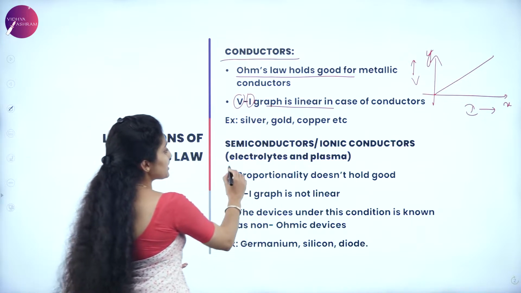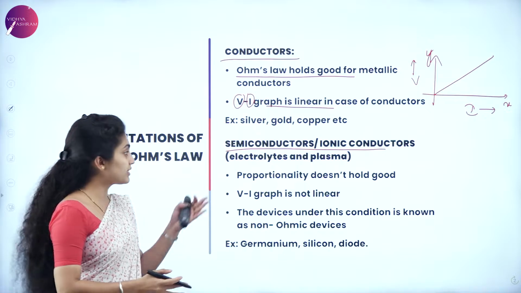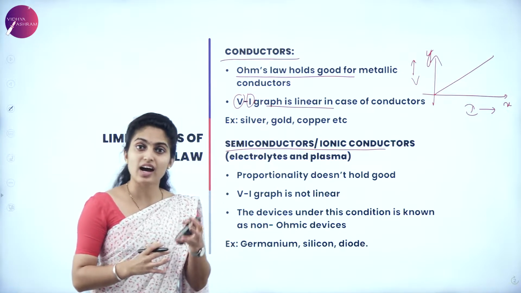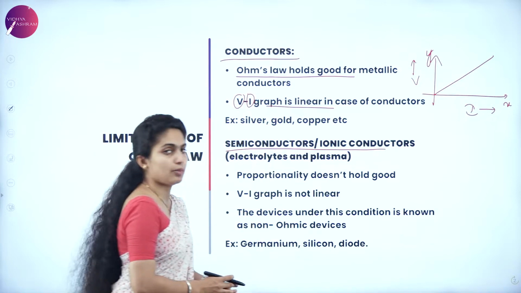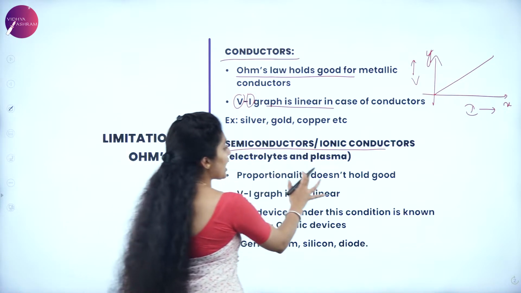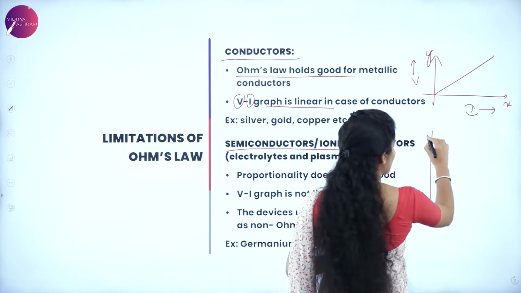Now coming to the semiconductors and ionic conductors, call them electrolytes, where the ions act as the conductor, as well as plasma. Here the proportionality doesn't hold good. Why doesn't the proportionality hold good?